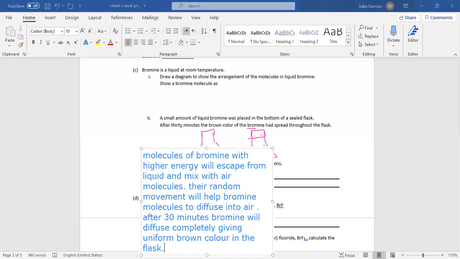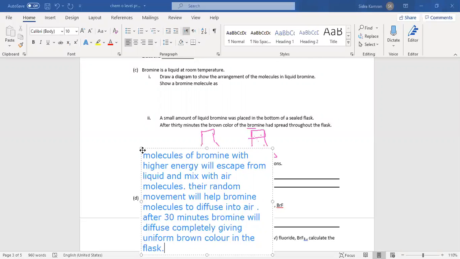Molecules of bromine with higher energy will escape from the liquid and mix with the air molecules. Their random movement will help bromine molecules to diffuse into air. After 30 minutes, bromine will diffuse completely, giving uniform brown color in the flask. So because of the high energy of the molecules of bromine, they will try to escape and mix up with the air. After some time, you will observe that their random motion will help the bromine molecules to diffuse in the air and the whole flask will contain brown color.